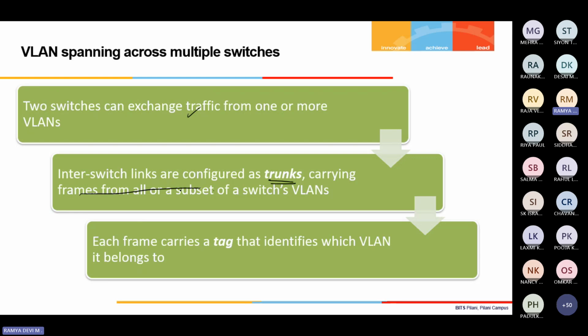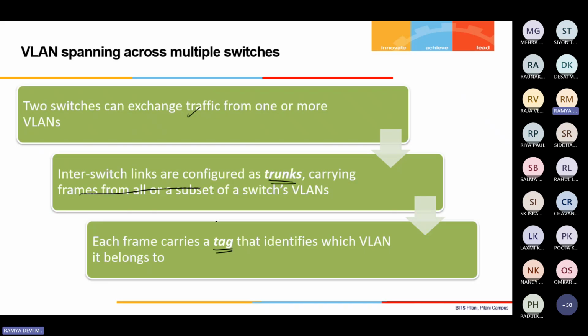So with VLAN tagging, each Ethernet frame can be carried over a trunk link. The trunk link carries the VLAN tag. With the help of this VLAN tag, we can identify the VLAN ID, so to which VLAN we are sending the frame. That is, which VLAN the frame belongs to can be identified with the help of the VLAN tag.